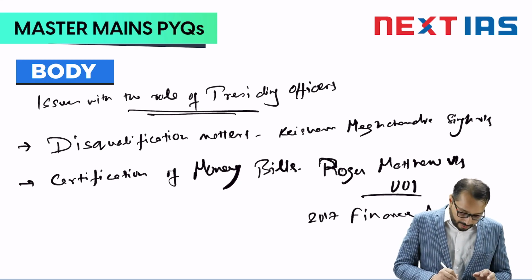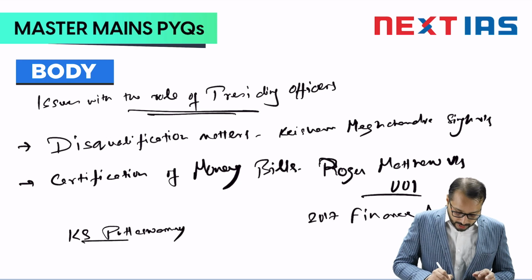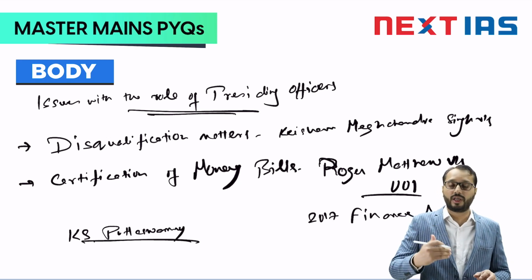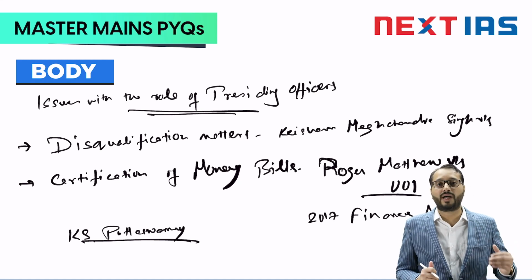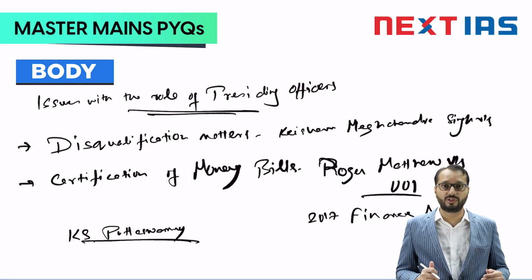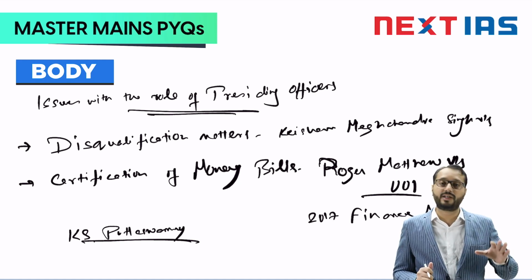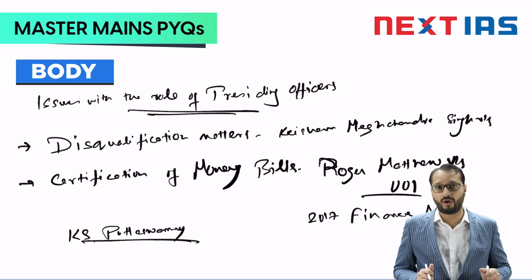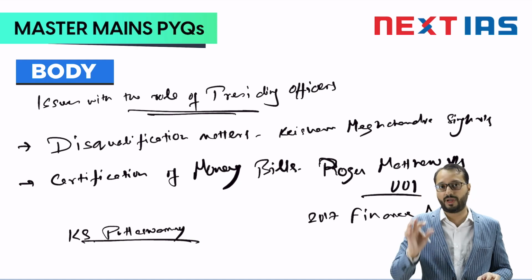And then another important verdict that came up was K.S. Puttaswamy, right? In this particular verdict, they were inquiring into whether it was constitutionally correct to pass the Aadhaar bill as a money bill, and although it was upheld, one of the criticisms of the judges noted that it appears that the certification of money bills on various occasions done by the speaker is just to bypass the scrutiny of the upper house, right?